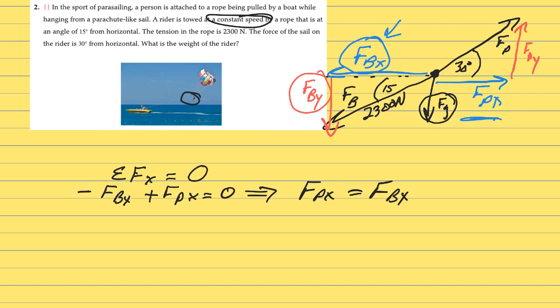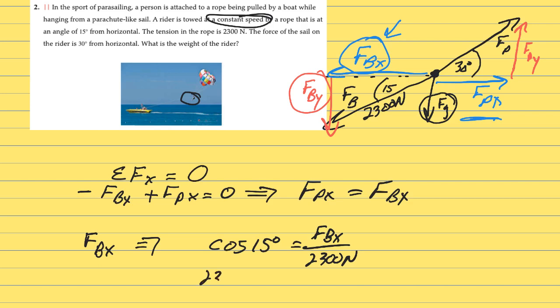All right, so let's start kicking out these numbers. Let's go FBX first. And FBX is the adjacent, and I have hypotenuse, so I'm going to go cosine of 15 degrees equals adjacent, which is FBX, over hypotenuse, which is 2300.